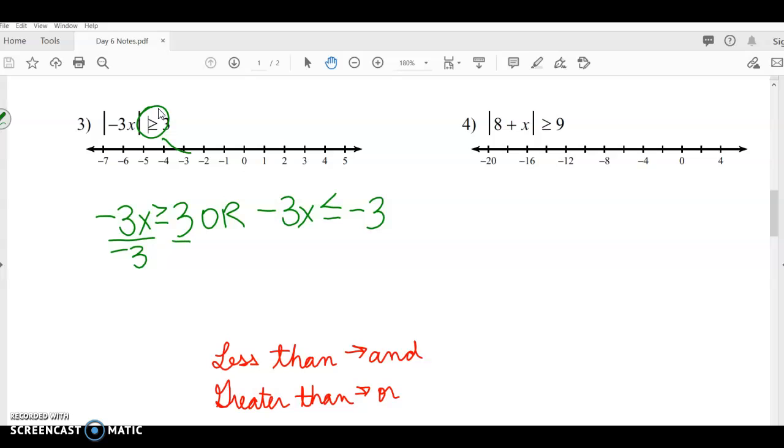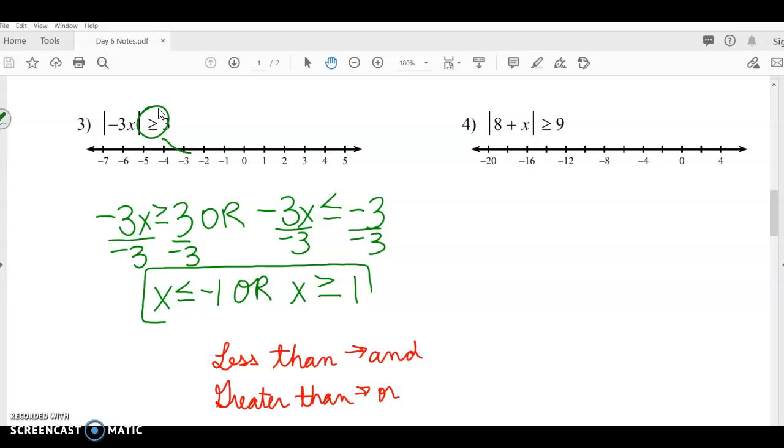So we divide here by -3. I divided, so I have to flip. So x is less than or equal to -1, or divide by -3, divide by -3, I'd have x is greater than or equal to 1, right? The greater than makes an or, because then you could see you'd be at -1, including -1.